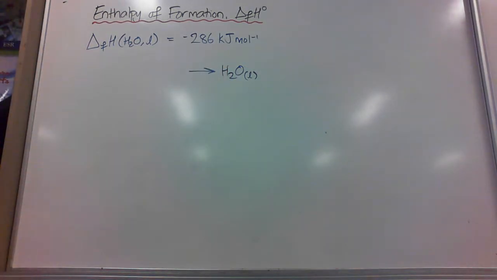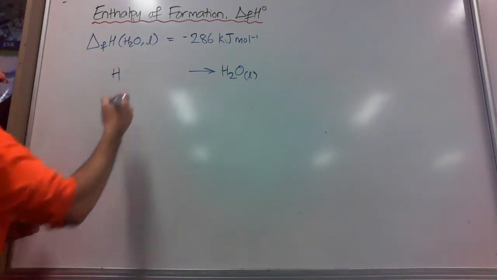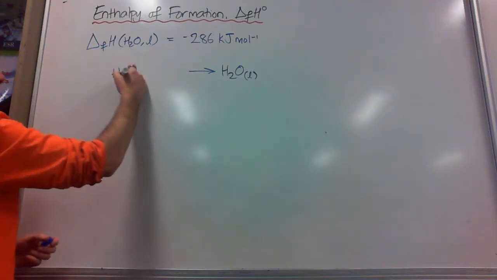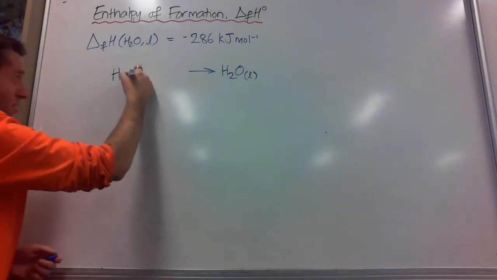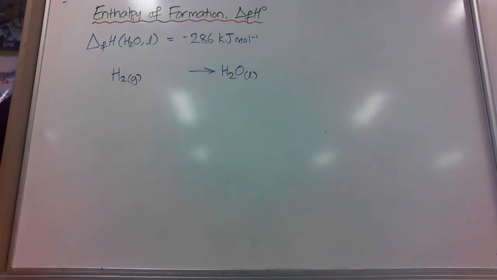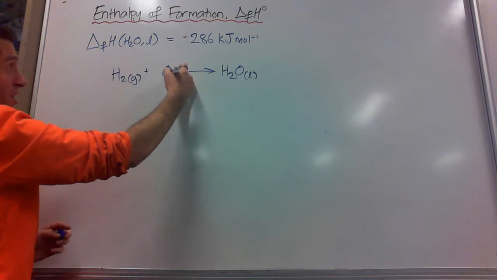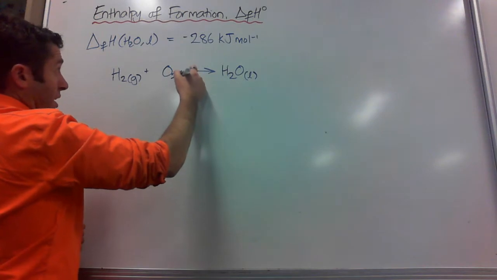Okay, so we need to be able to show it as a chemical equation, a balanced chemical equation. Well, H2O, it's obviously made from hydrogen. Now, hydrogen as an element doesn't exist as the atom. It exists as H2, and at 298 Kelvin, hydrogen is a gas. Oxygen exists most naturally as O2, and again, that's a gas.